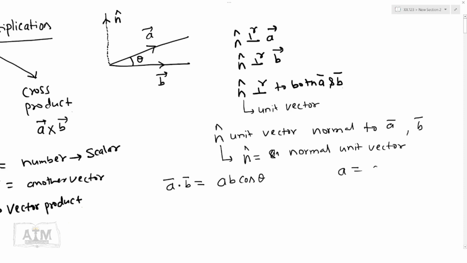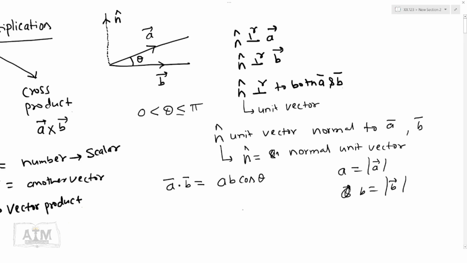A is the magnitude of vector A. And B is the magnitude of vector B. So a dot b is the product of the magnitude of vector A and the magnitude of vector B multiplied by cos theta, where theta is the angle between the two vectors.